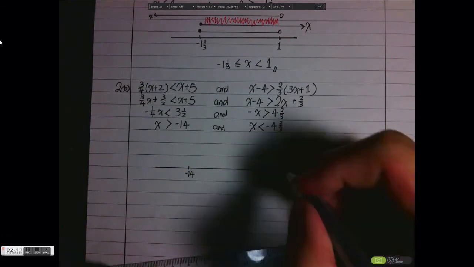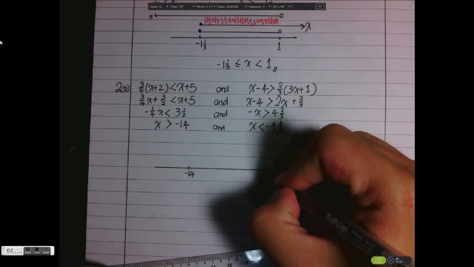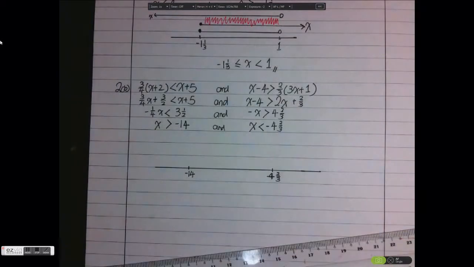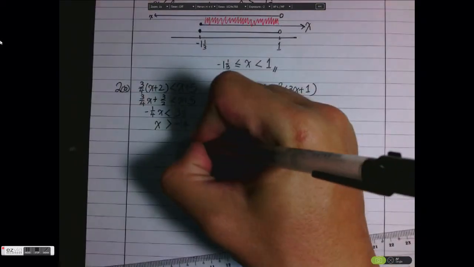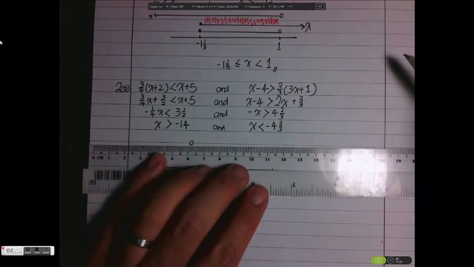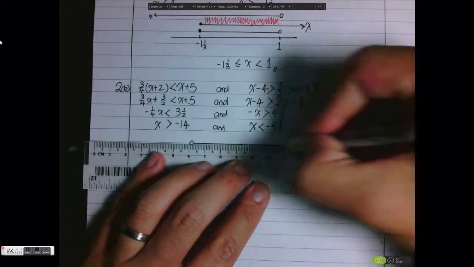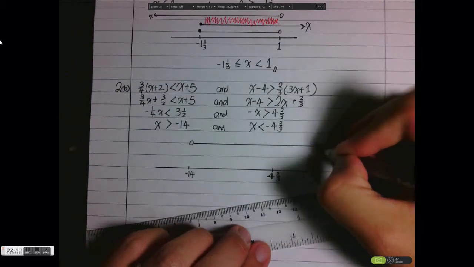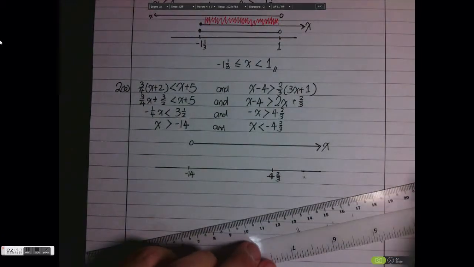X is greater than negative 14. So for this one, I draw a number line and we have x is lesser than negative 4 and 2/3. Draw.